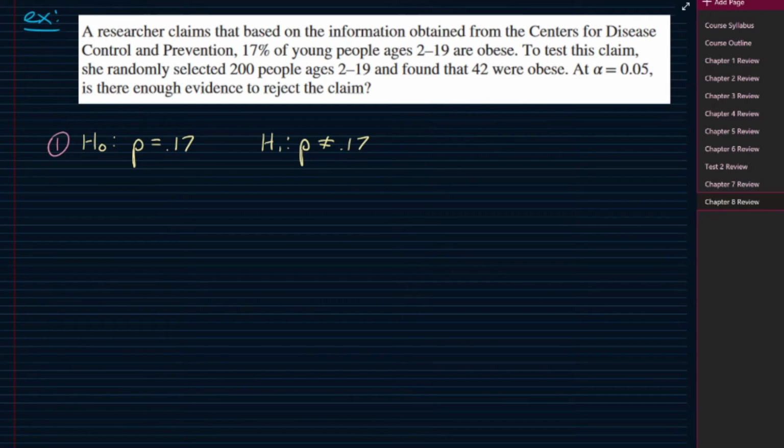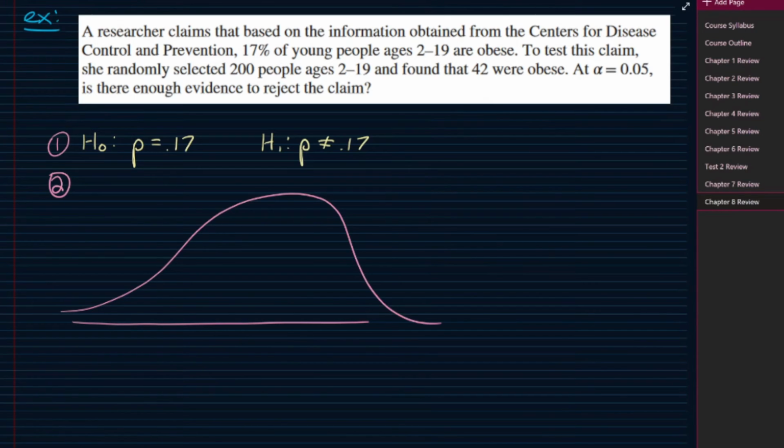Step 2, find the critical values. Let's draw a picture. It's a two-tailed test.